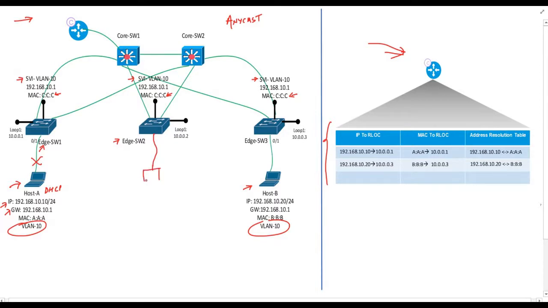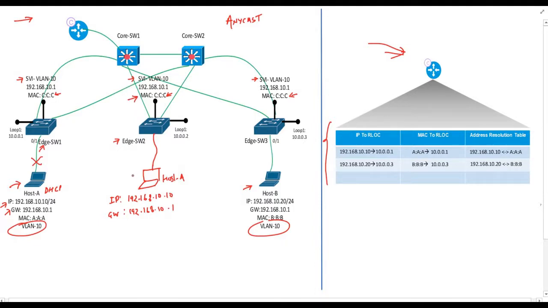Host A is here now and I don't want to change its IP address. So the IP address will be the same, which is 192.168.10.10. This is good. Now, if I don't want to change the default gateway of this host, which is 192.168.10.1, I need to configure the SVI for VLAN 10 on this switch also, right?